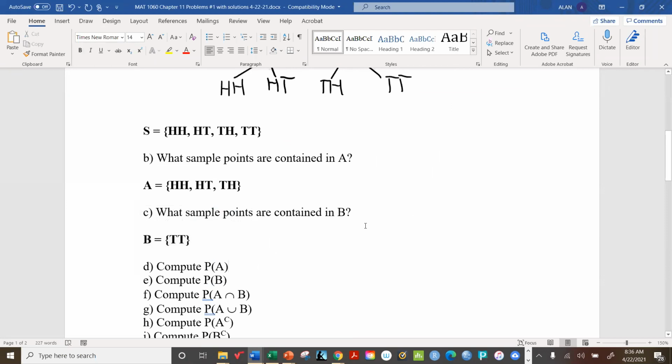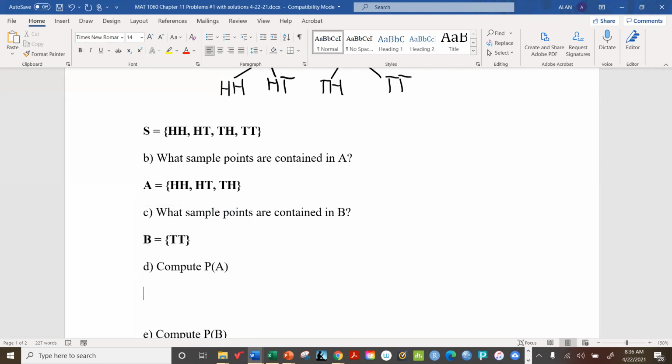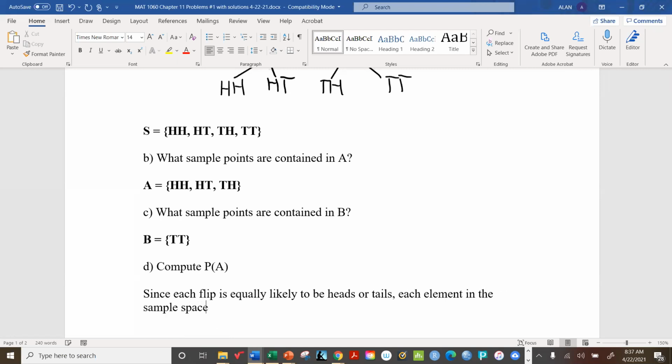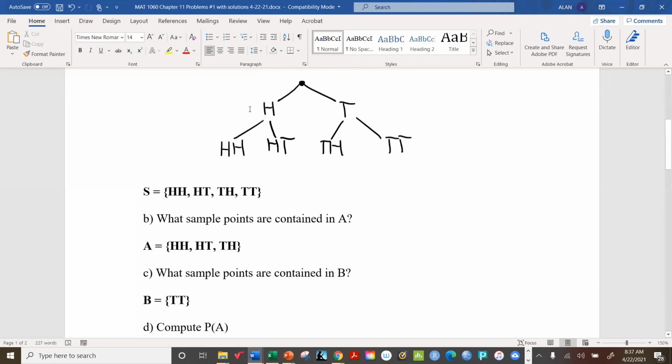Now, the probability of A and B. In this case, we can make the statement that since each flip is equally likely to be heads or tails, each element in the sample space is also equally likely. So this is just an explanation as to what's going to happen right now. In fact, you know what I'm going to do? I'm going to move this to the top because this applies to all the questions.